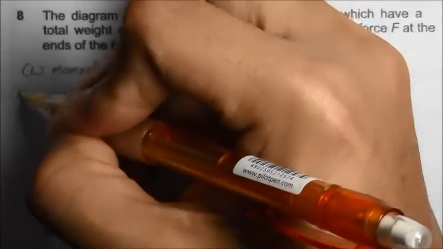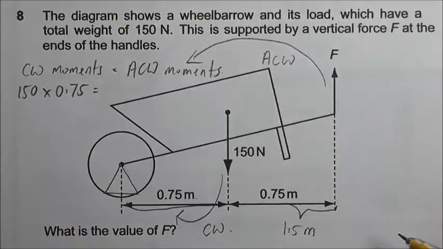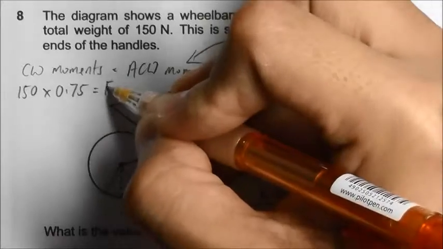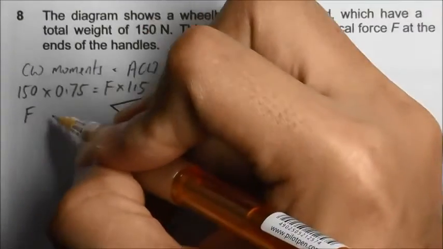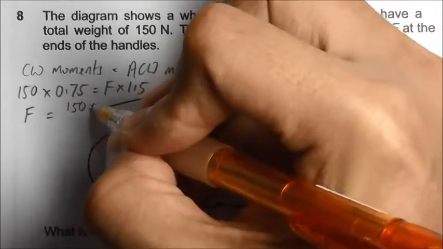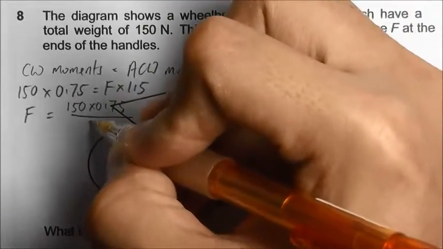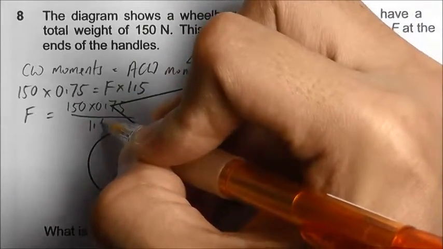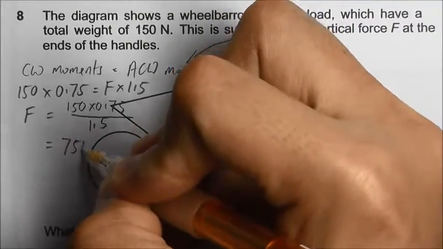So we have 150 times 0.75 is equal to F times 1.5, and F is equal to 150 times 0.75 divided by 1.5. That will give us 75 Newton.